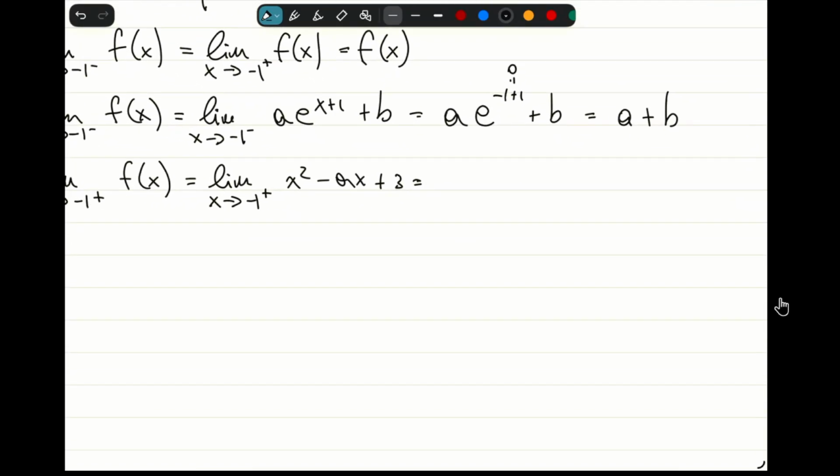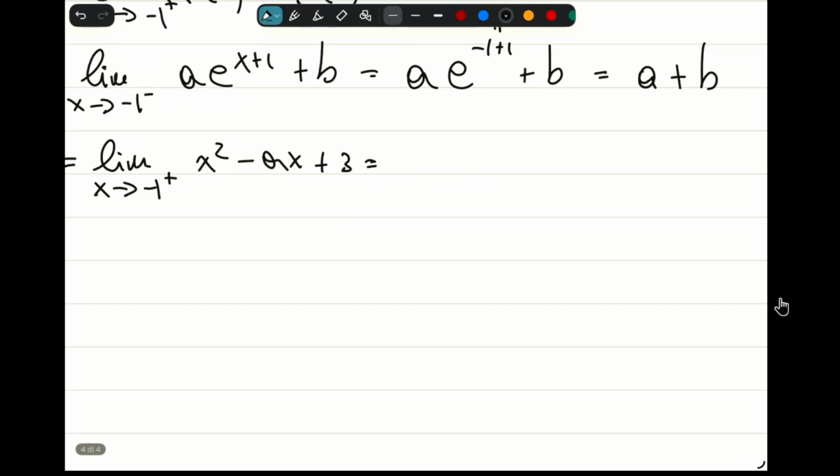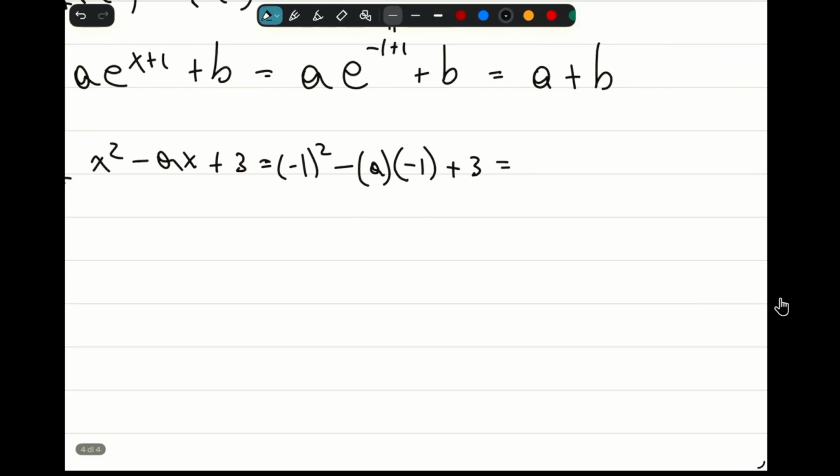Once again, we can substitute -1 in there, and we would get -1 squared minus a times -1 plus 3. So the -1 squared is 1. A times -1 will be -a, but we have a minus in front, so this becomes a plus 3, which is just a plus 4.